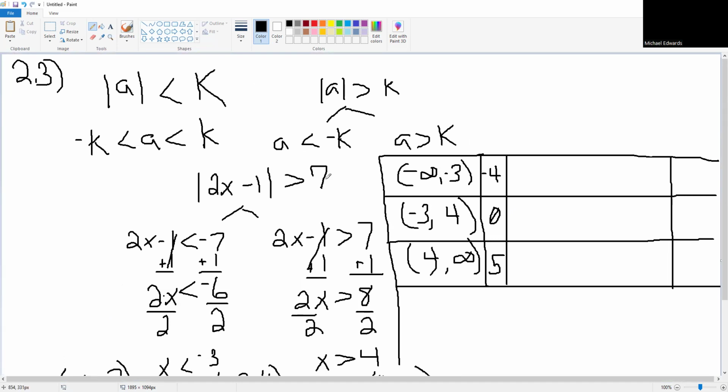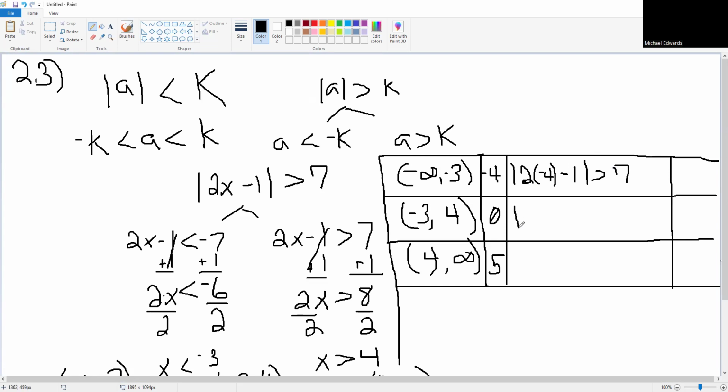Now, this is the inequality that we need to check. Replacing the x with -4: the absolute value of 2 times -4 minus 1 greater than 7.